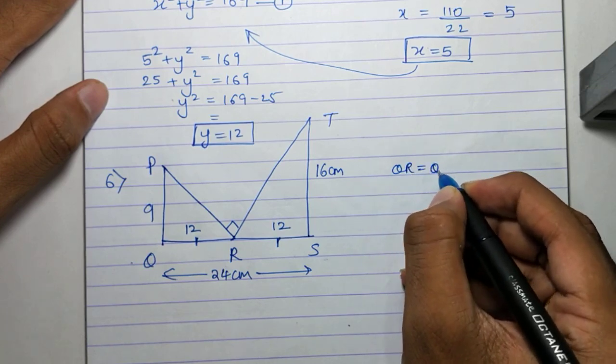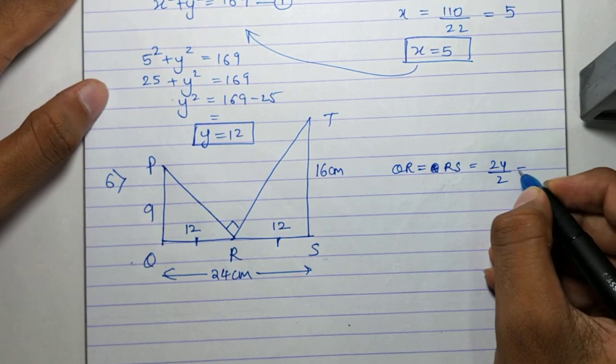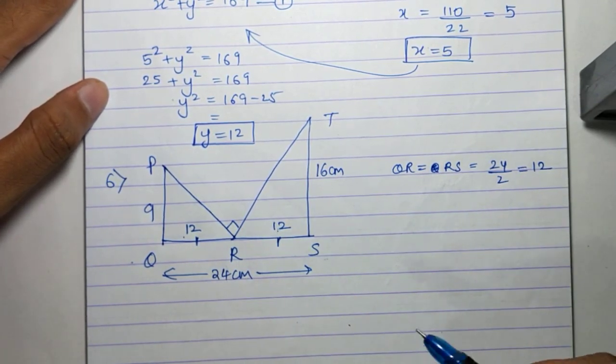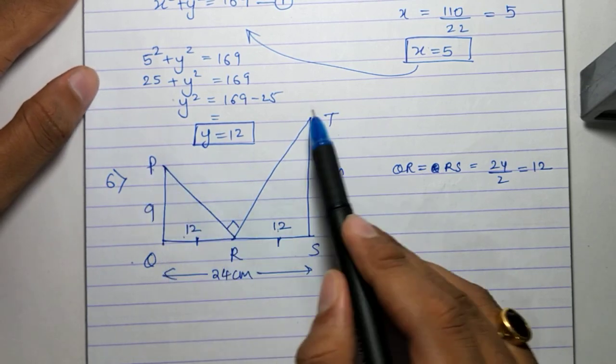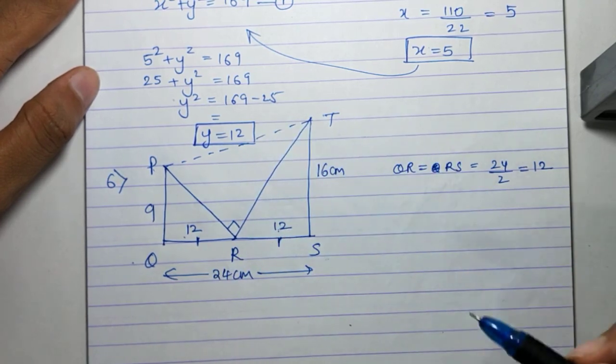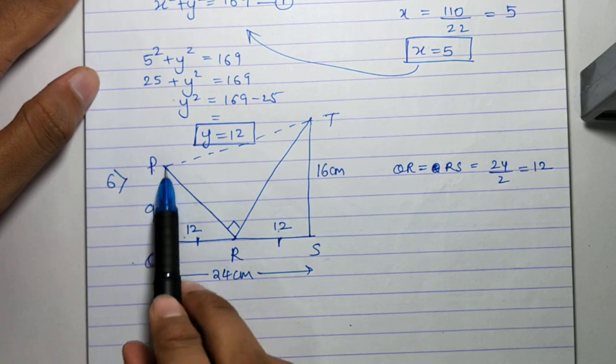QR is equal to RS is equal to 24 upon 2, that is 12. Okay, so ये दोनों 12 है. And what we have to find is the value of PT. PT find करना है.